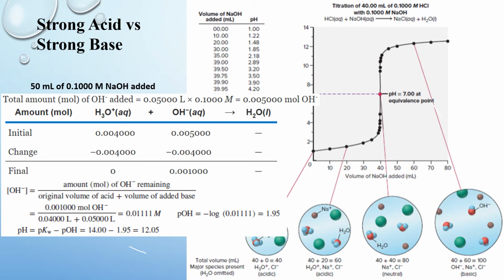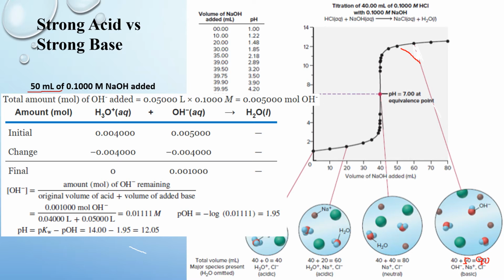In your textbook, it gave us the calculation for 50 milliliter of base added, but in the figure, it's indicating 60. So to match that, let's fix the figure. So I will say this actually represents when 50 milliliter of base has been added. So I will change that into a 50 also.